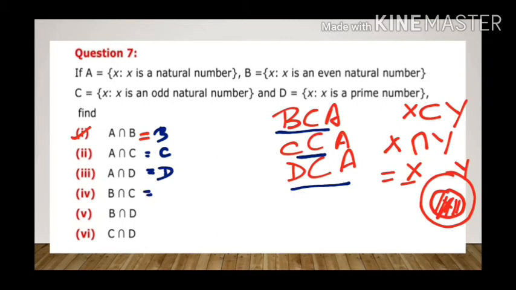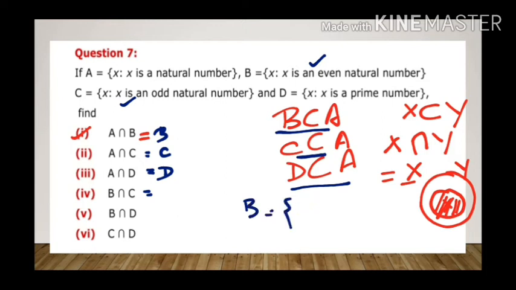B intersection C. B is the collection of even natural numbers, C is the collection of odd natural numbers. There is not a single natural number which is both odd and even, right?